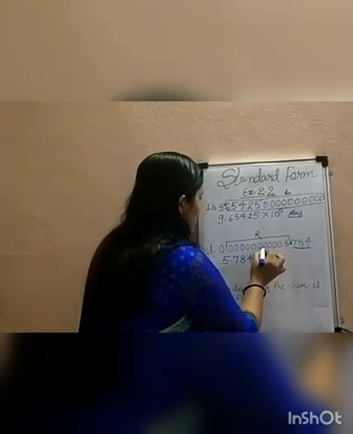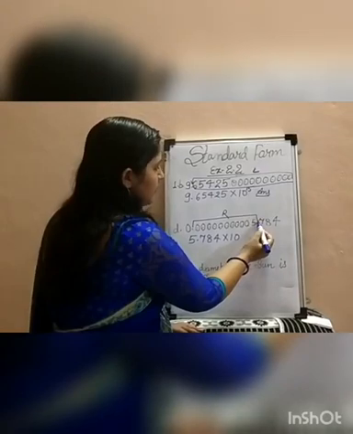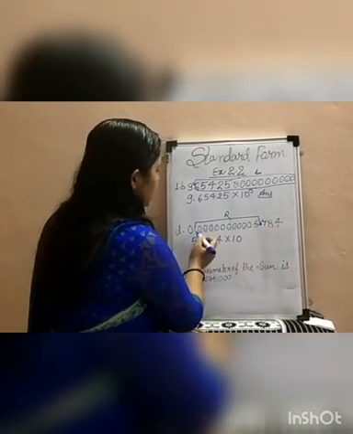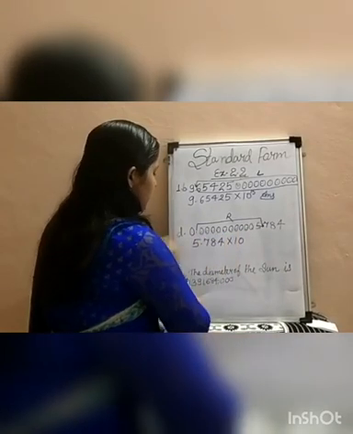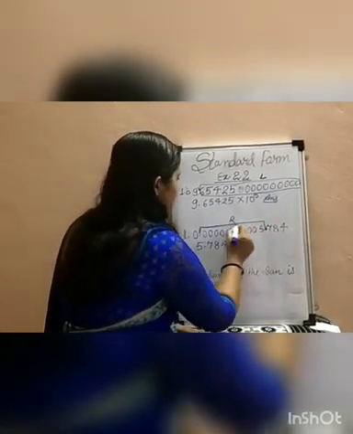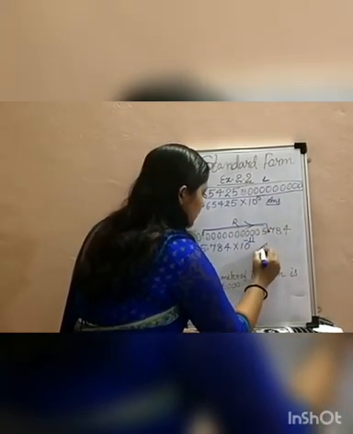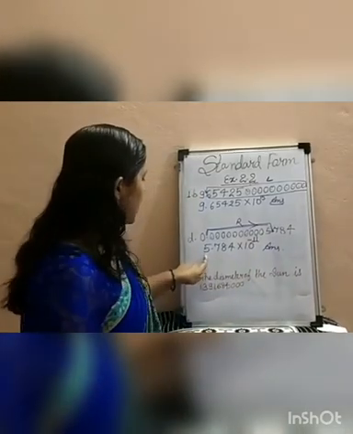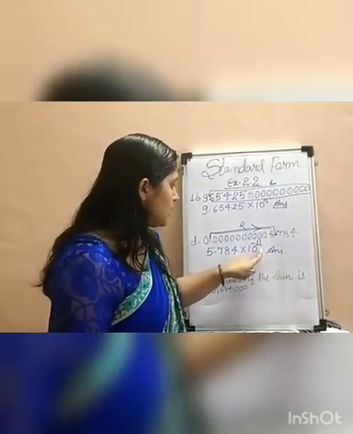How many numbers are here? 1, 2, 3, 4, 5, 6, 7, 8, 9, 10, 11. So we are going right side. So it will be minus 11. The answer is 5.784 into 10 to the power minus 11.